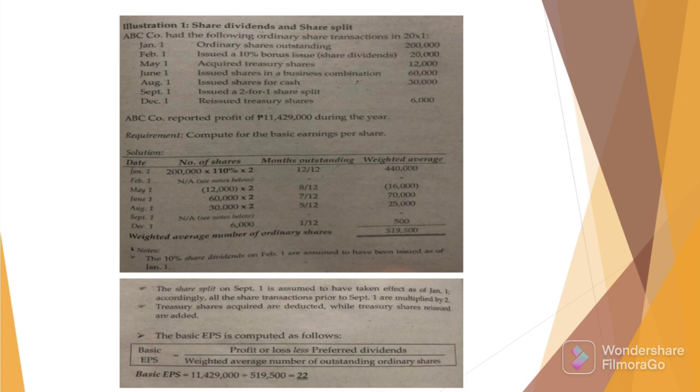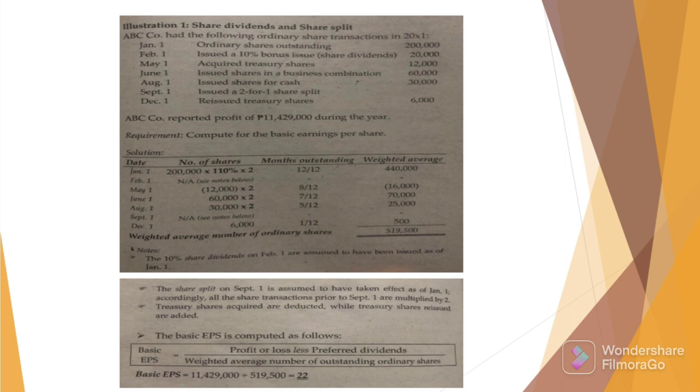Then, for June 1, 60,000 times 2 times 7 over 12 is equals to 70,000. For August 1, issued shares for cash of 30,000 times 2 ulit times 5 divide 12 equals 25,000. September 1, in-adjust na. So, wala na dun.